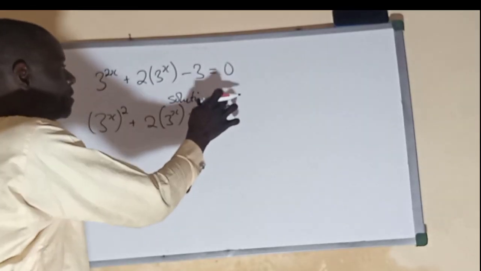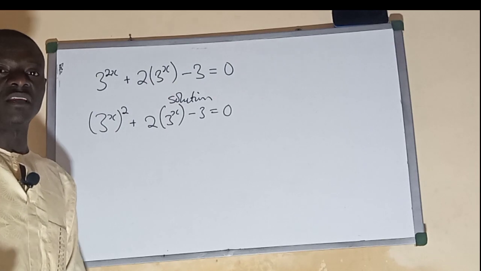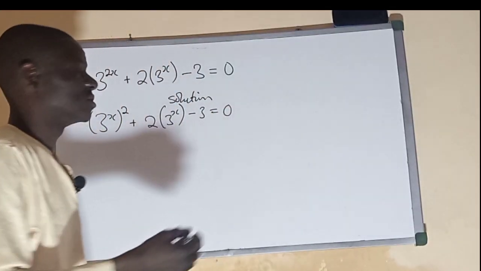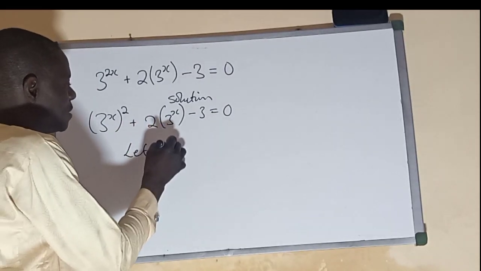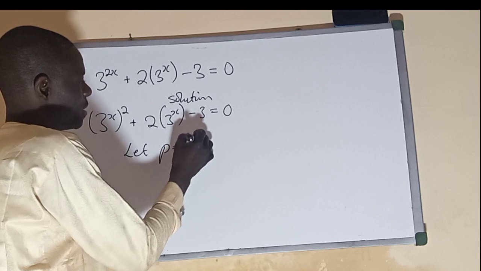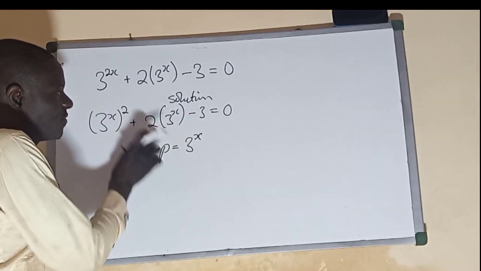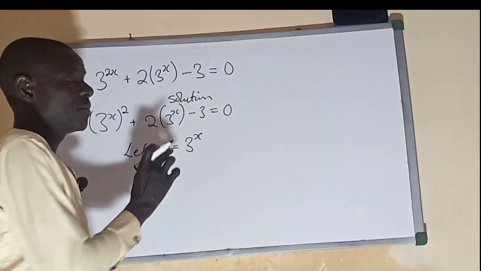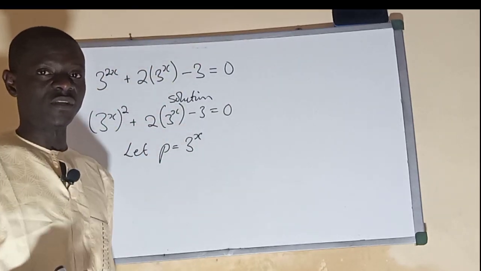Now from here, you can see that we have 3^x here and 3^x here. We may now let this 3^x be something else. Let phi = 3^x. Then wherever we have 3^x in this equation, we change it with phi.